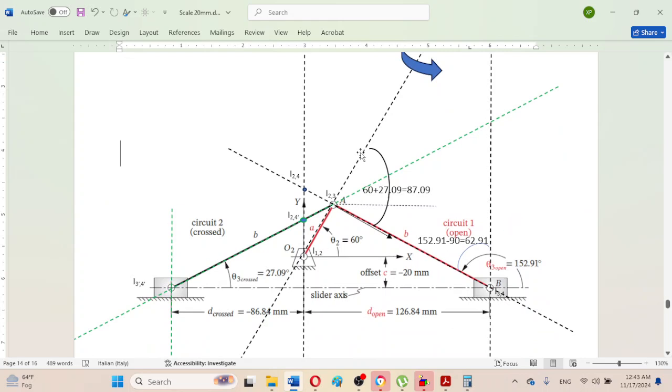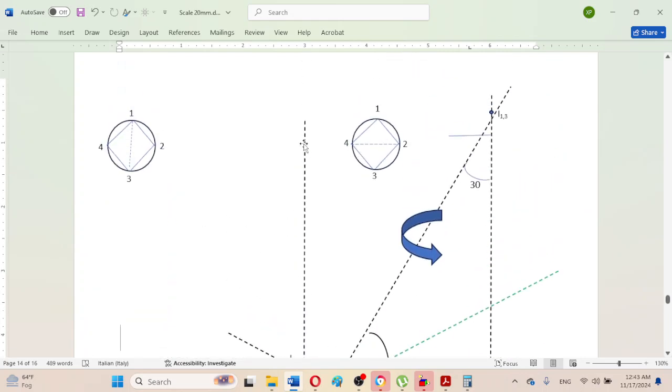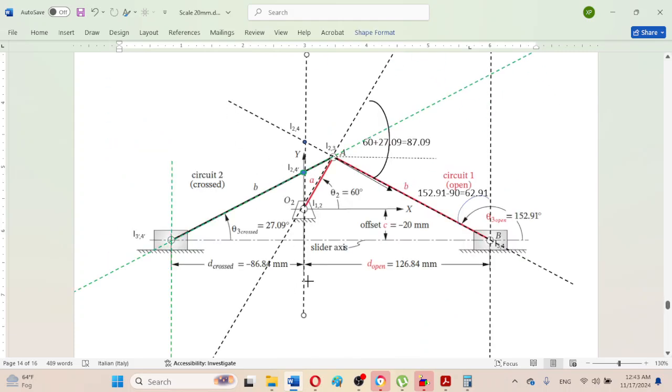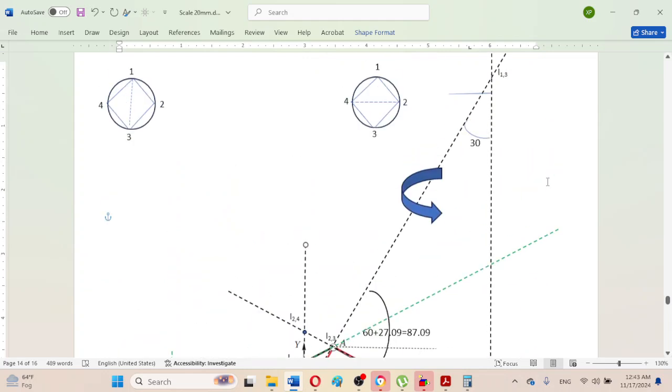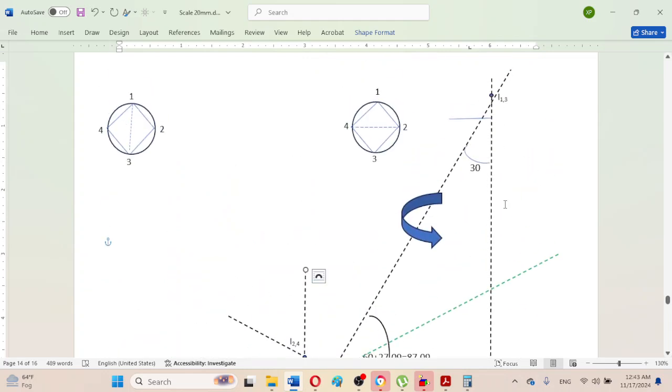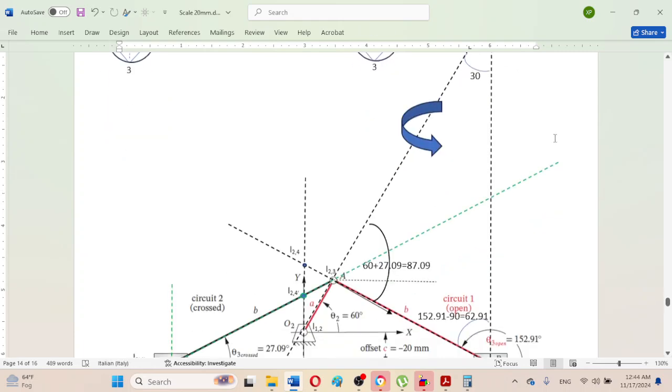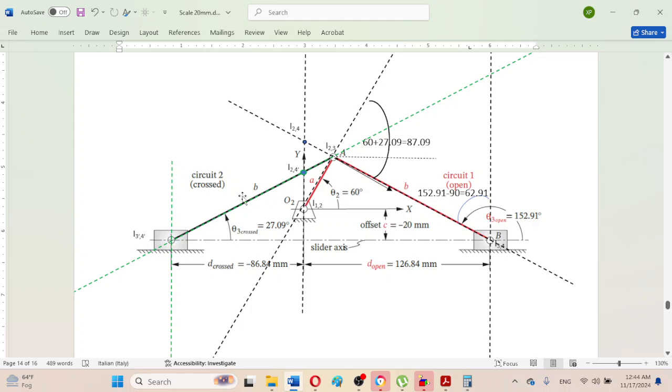Just make them a bit shorter. So here like this the instant centers have been found out.